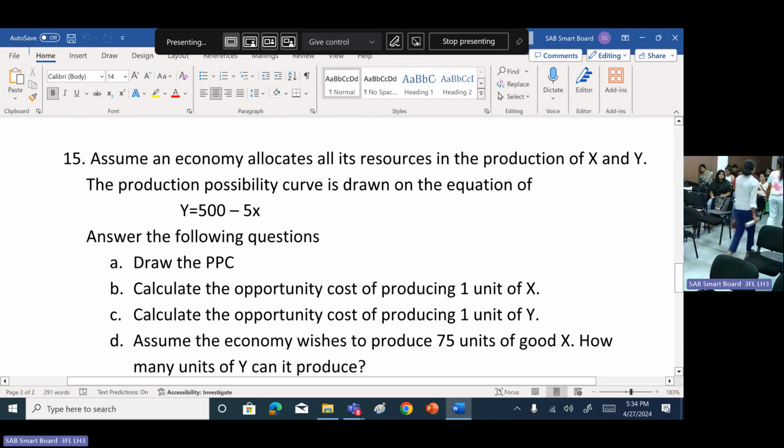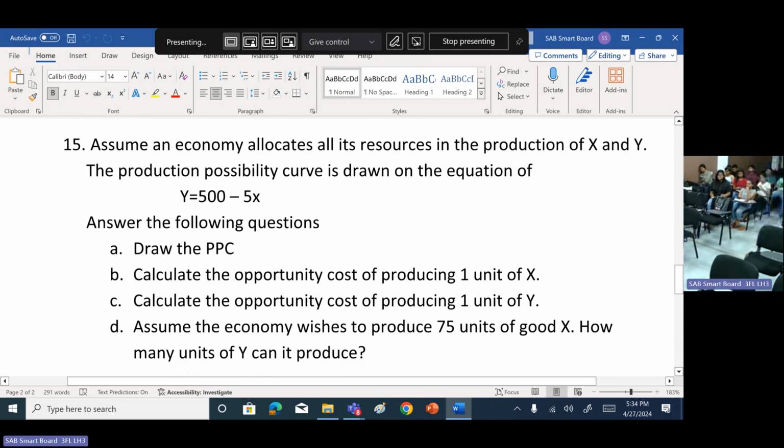Now if you're thinking of this one, we have been given a linear PPC line, right? How do you know the PPC? Yes, those you have done. Can you draw the PPC based on this information?